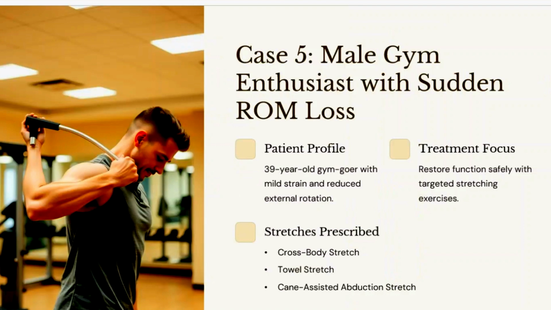Majorly, the treatment focus is to restore the function safely with targeted stretching exercises. So what kind of stretches can you go for? Cross body, towel stretches and cane stretches, because you need to take care of restoring the patient's function safely.